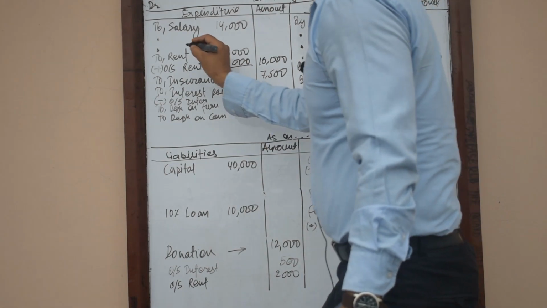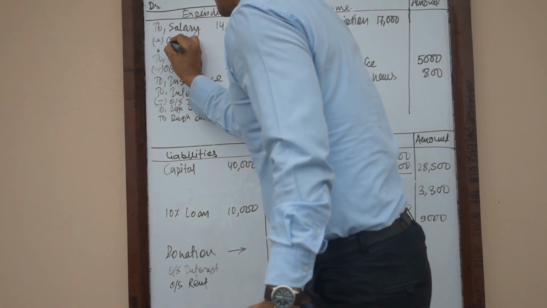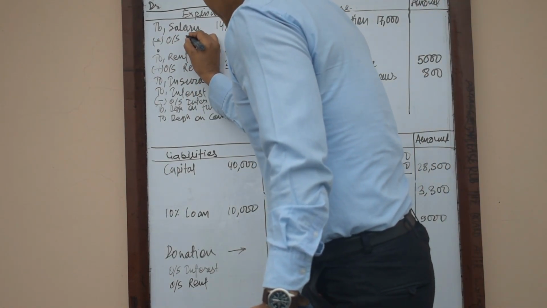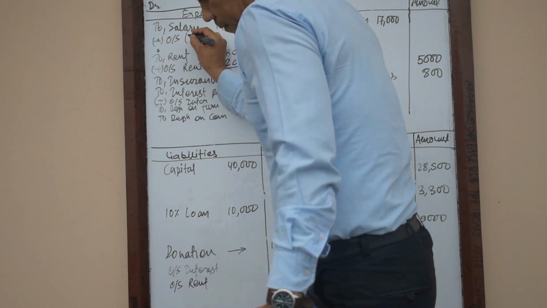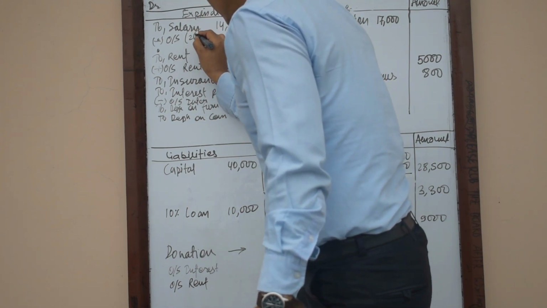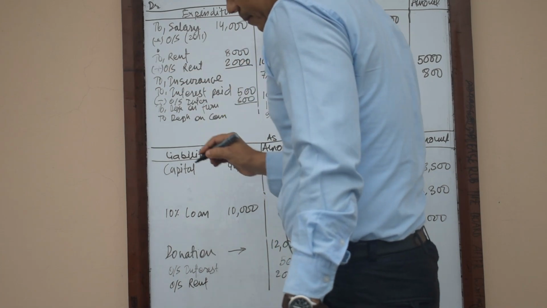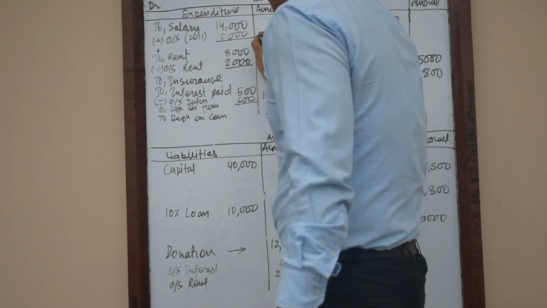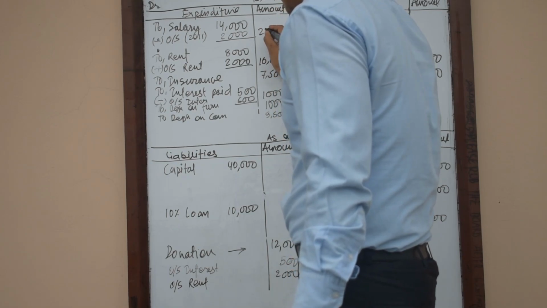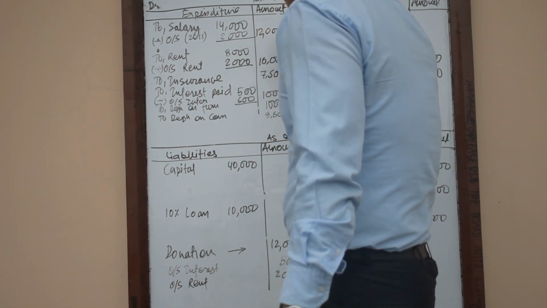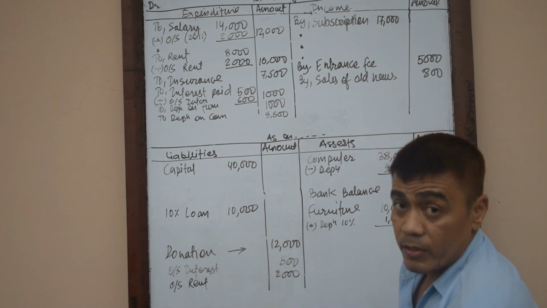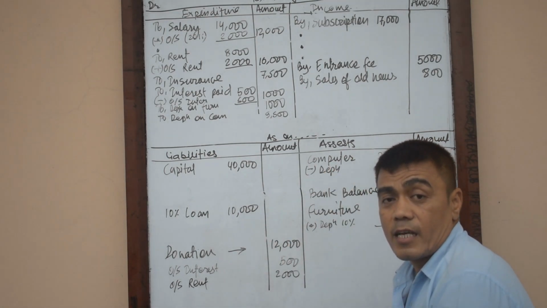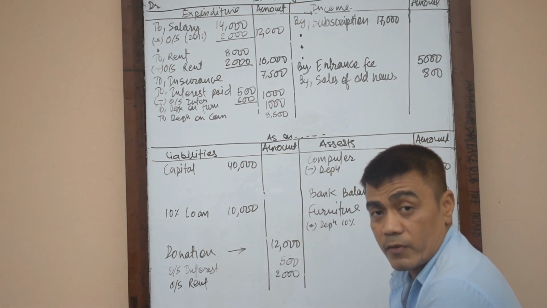So outstanding salary is deducted. Outstanding salary of the old year, 2011, is 2,000. So actual salary expenditure of this year is 12,000, and we are not going to write it here because it was previous year's outstanding salary, and this is not the liability for this year.